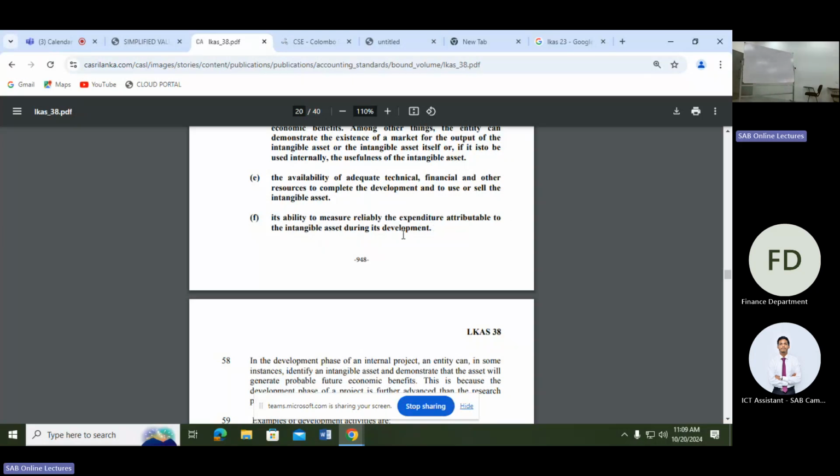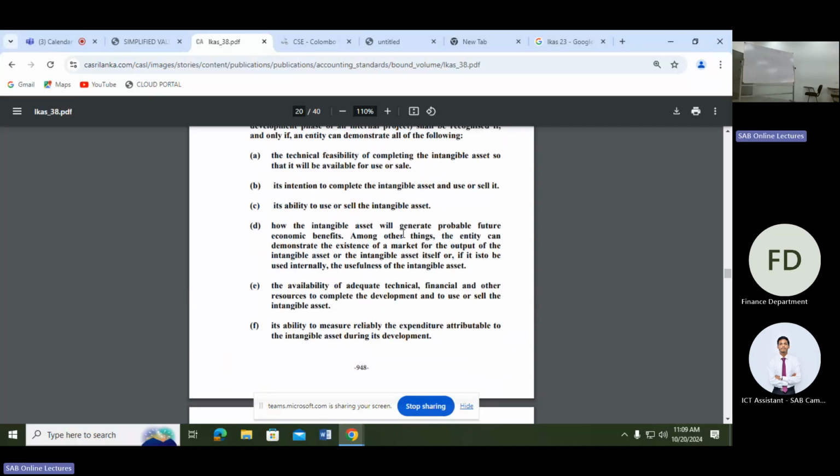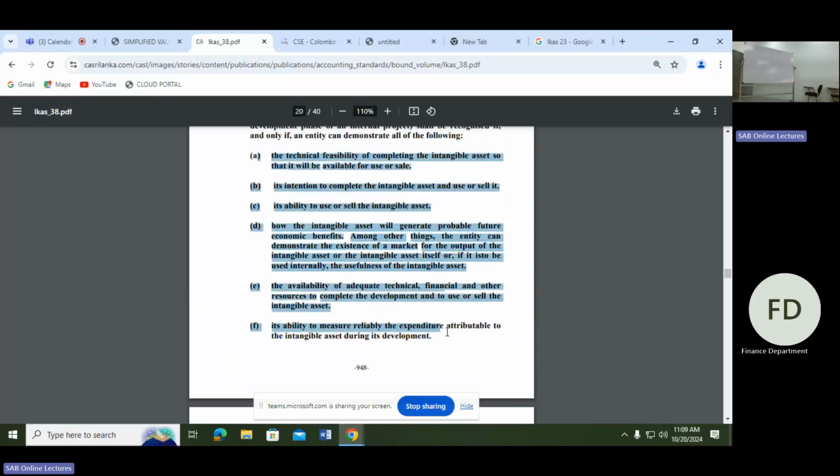Once you are incurring your cost, there should be a mechanism to measure that. If you are unable to measure, you can't capitalize that. Likewise, you have to comply with these 6 criteria to identify the development cost. Right? That's another intangible asset.